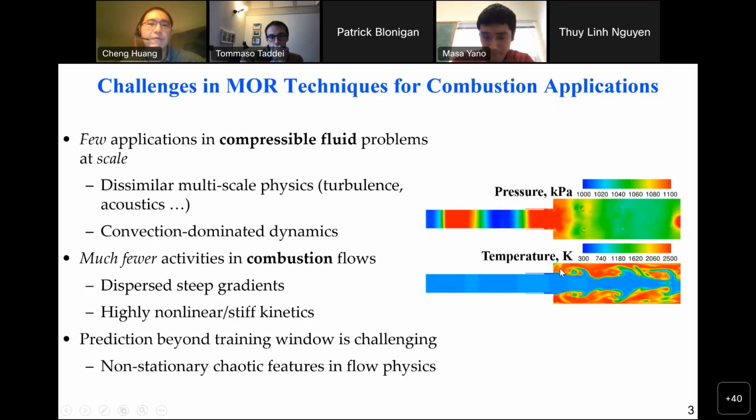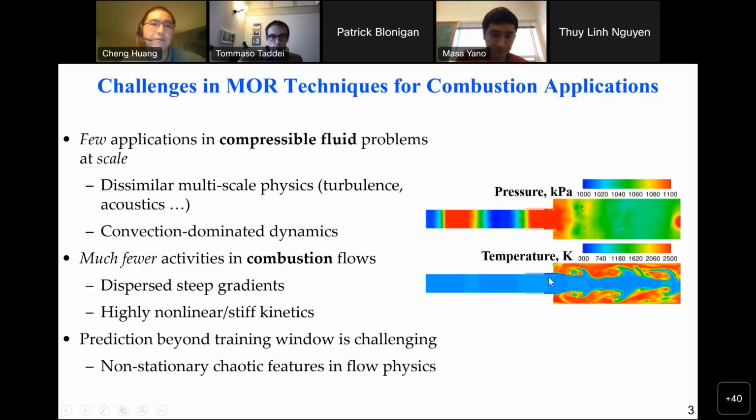And you either have combustion noise, which is oscillating at a low amplitude, or you have huge pressure oscillations when you run into combustion dynamics issues in this engine. So we want to have a ROM that is able to predict all these phenomena.